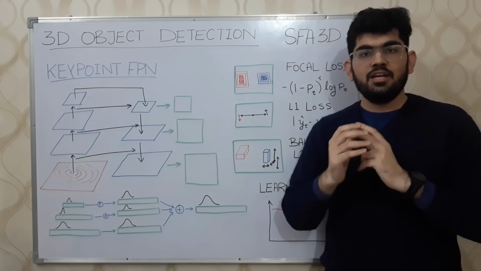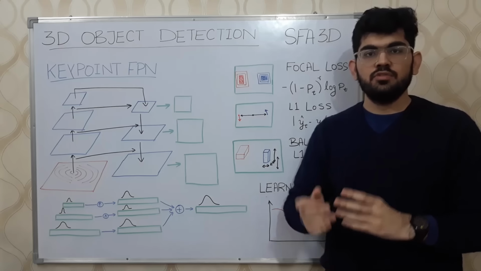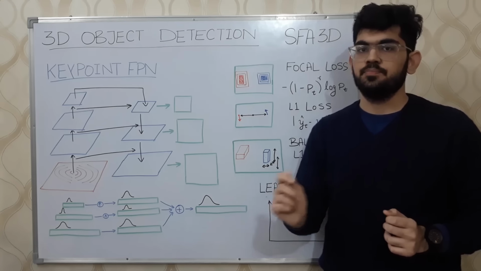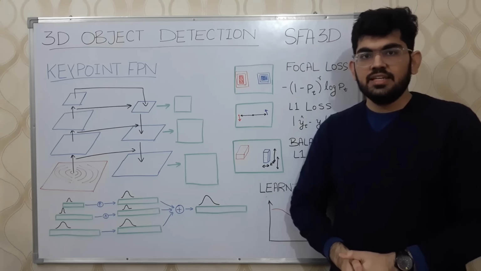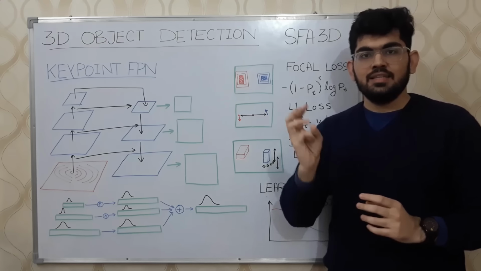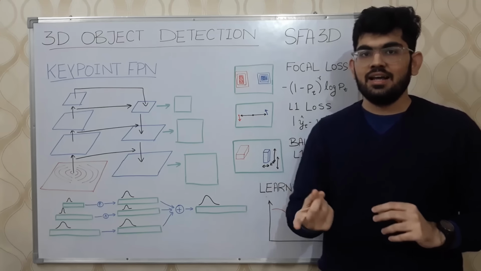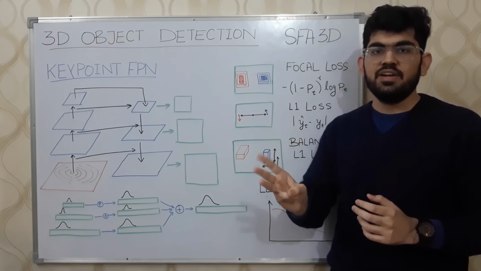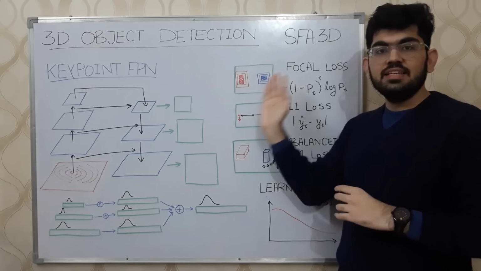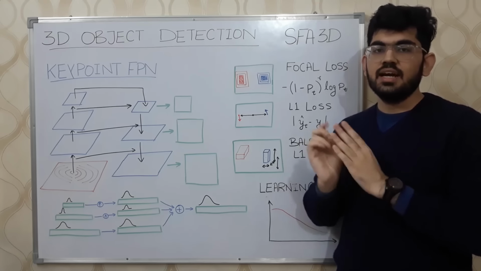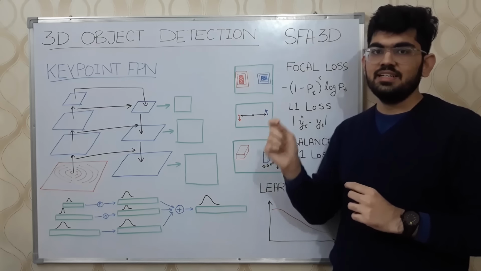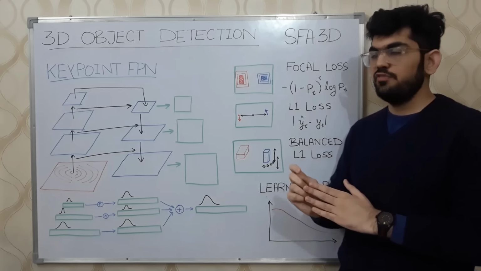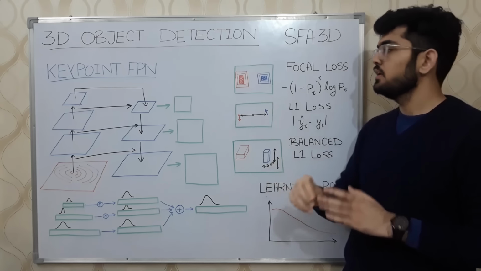A heat map can also be visualized in terms of confidence of a network on its predictions. In our particular case, if we want to detect three objects, let's say a car, a truck and a pedestrian, we are going to generate three different heat maps. In this case, the red color denotes that there is a car present in that image at this particular location and the network is confident about this location.